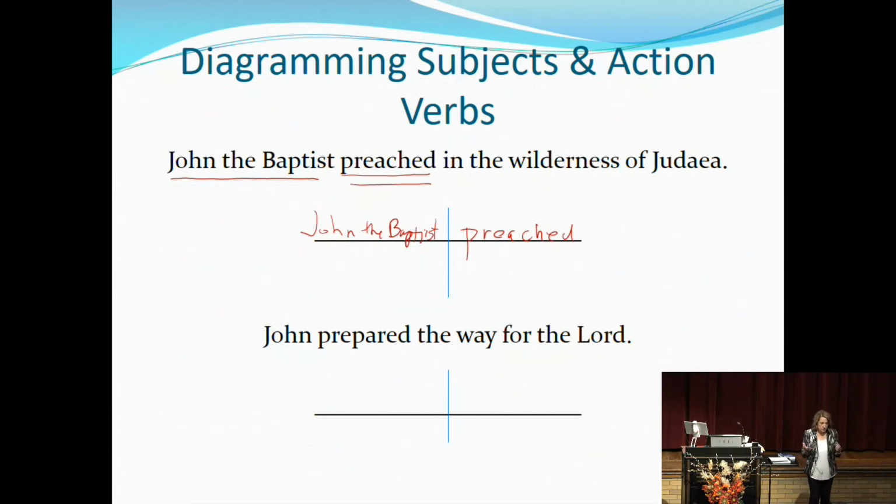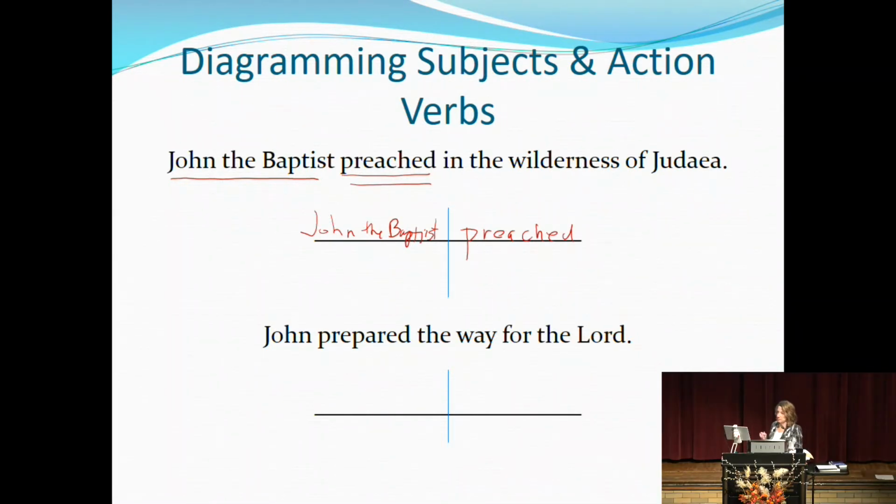You can use an electronic system, which I think is neater. It's available to you. Or you can do it the old-fashioned way. If you want to get out a ruler and make your lines, you can do that too. So whatever works best for you. But here we have it clear. John the Baptist preached. So we are designating the difference between the subject and the verb.